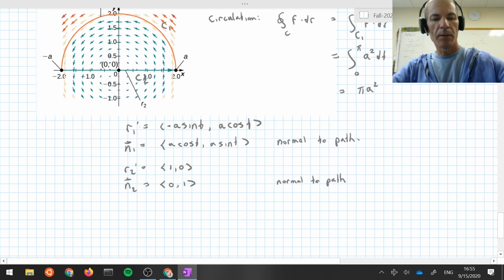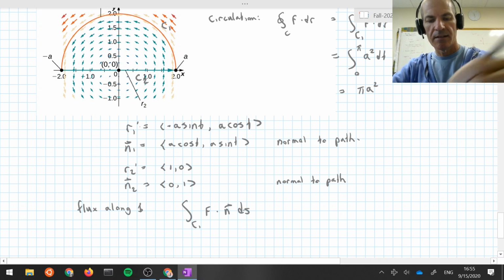And then you might remember that the flux integral along C1 is just the integral along C1 of f dot n ds.